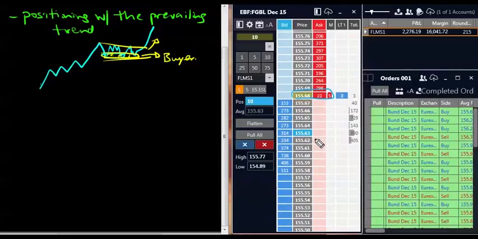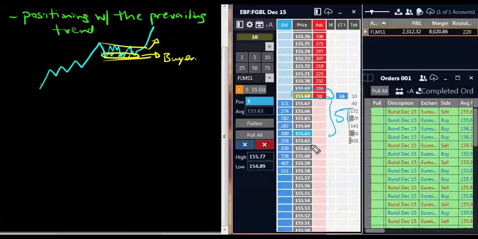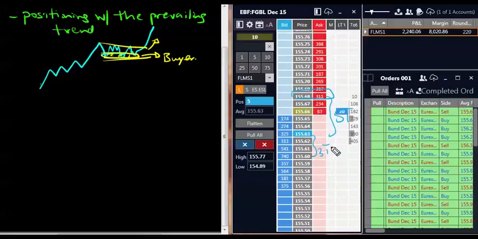I know I'm going to leave 5 lots at 63s as my core position. I've just gotten filled on my offer there, so I've just taken out 5 lots, and that has given me 5 ticks of reward. Now, essentially, your risk on this trade is no more than 3 ticks, let's say.